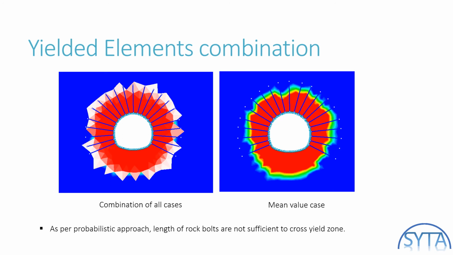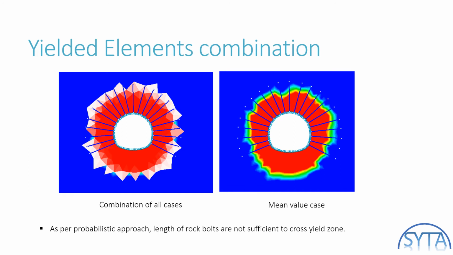The yielded element combinations are shown on the screen. You can see the extreme cases, where we see the combination of all the cases. On the right hand side you can see the mean value case, which takes the mean values out of the most recurring variables or the most recurring outputs.